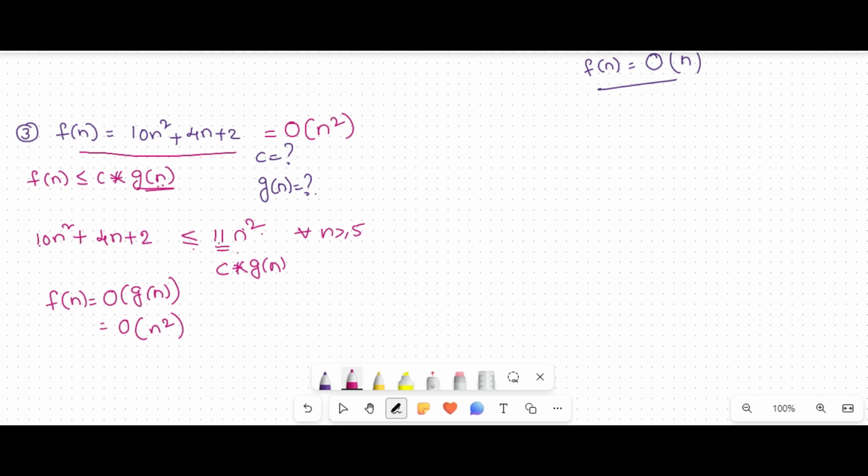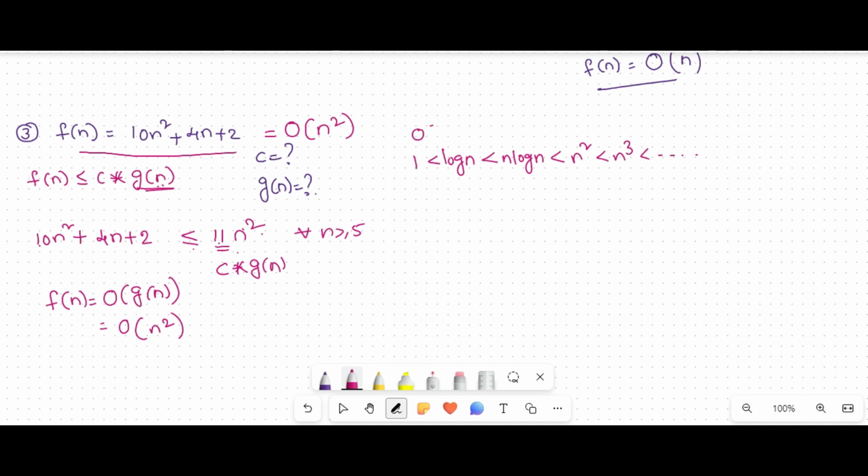Now, generally in time complexities, the order we write is: first constant, after that log n, and then n log n, after that n square, and then n cube and so on.